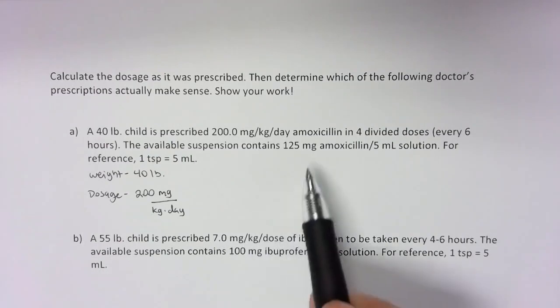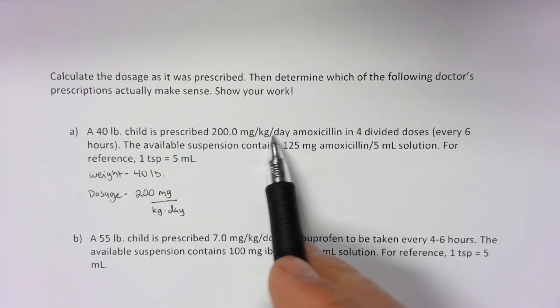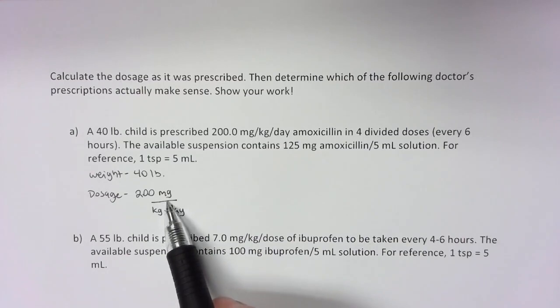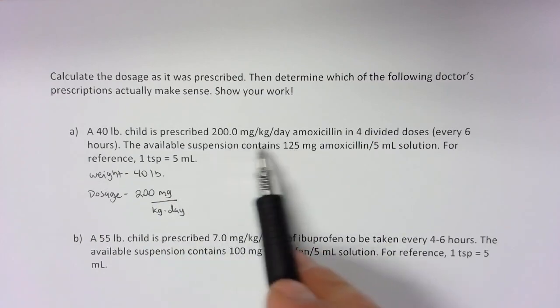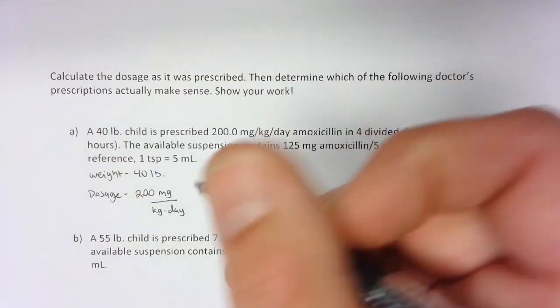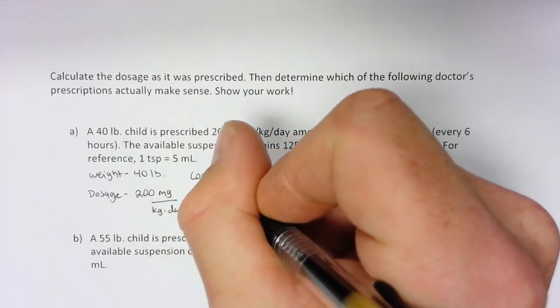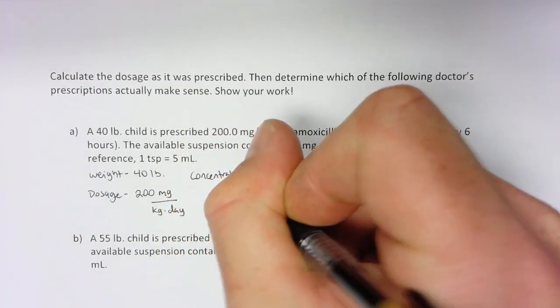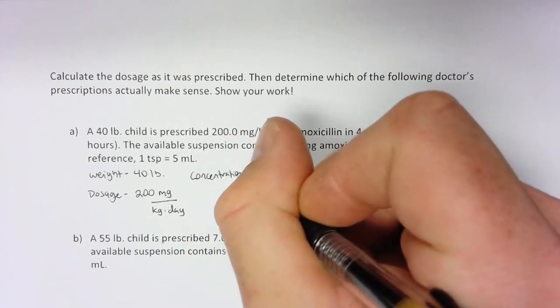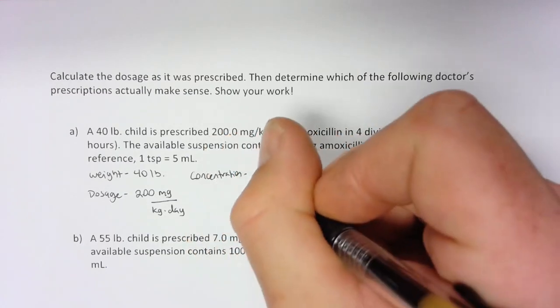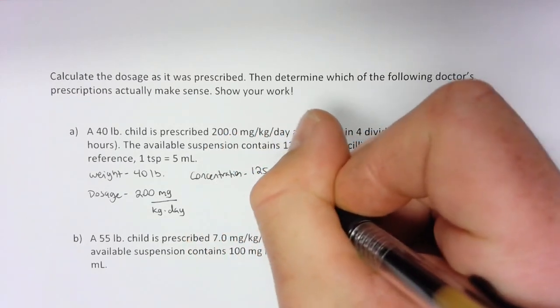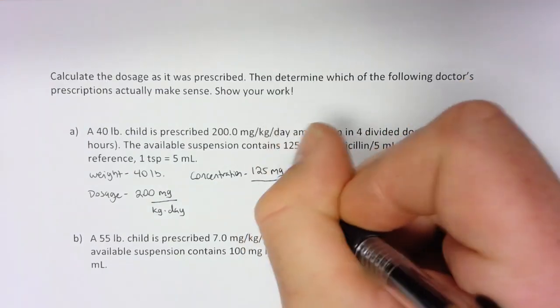So this is how you would take this series of fractions and incorporate it into sort of a more top and bottom type fraction, as opposed to one read horizontally. And then finally, the concentration of the drug is 125 milligrams in 5 milliliters.